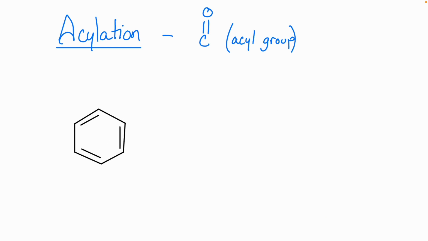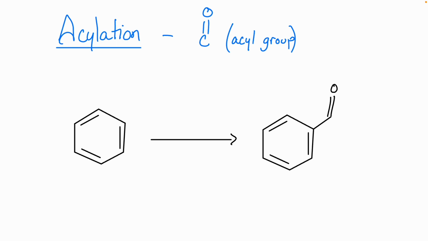All right, so our product here, again, we're forming a new carbon-carbon bond, but it's specifically to a carbonyl carbon. And there can be whatever on the back end there, but it's specifically that carbonyl carbon that's going to be attached to our ring.